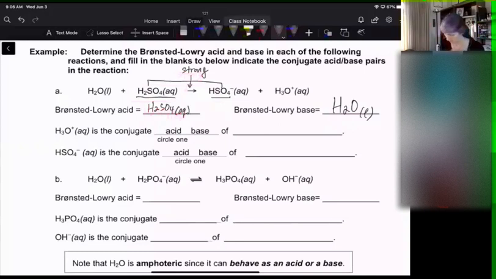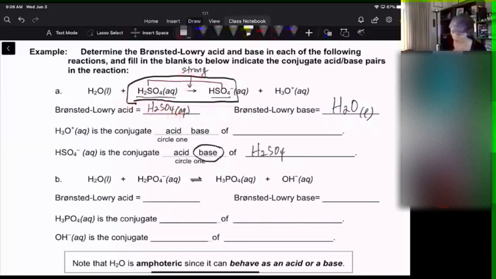If we compare these two compounds, H2SO4 has an extra H, HSO4 minus has lost one. So that is going to be the conjugate base of H2SO4. If we say that the water is now our base, and it's connected to the H3O+, they differ by just 1 proton, so those are conjugates.